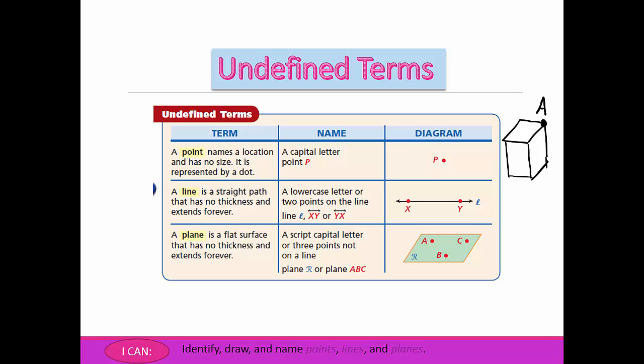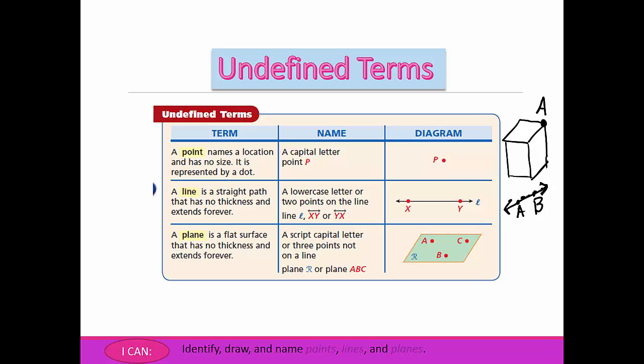Now there's also a line. Say our line has points A and B on it, or an infinite number of points. Actually, we could put points all along there if we wanted. And a line is just a straight path that has no thickness and extends forever in each direction.